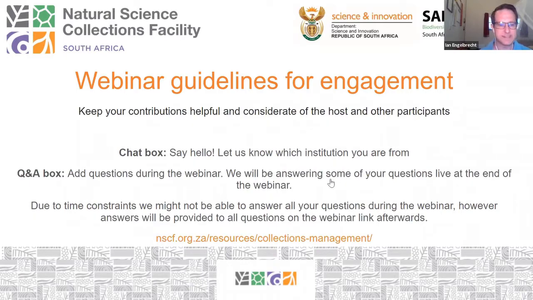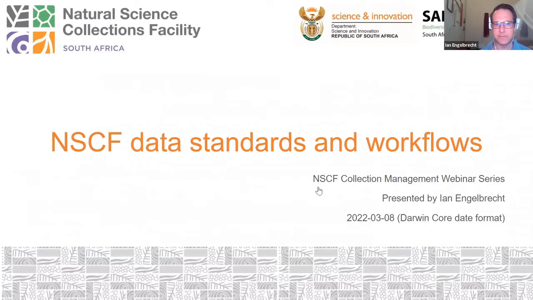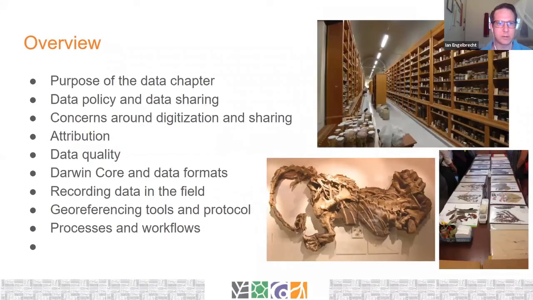So this is the first webinar of the year, and I'm very happy that the webinar is on data standards and workflows. Like I said, this is related to the first chapter of the manual, and a good way to get the year started off. Just as a quick overview, we're going to be looking at the purpose of the data chapter of the manual to start. We'll then talk a little bit about data policy and data sharing.